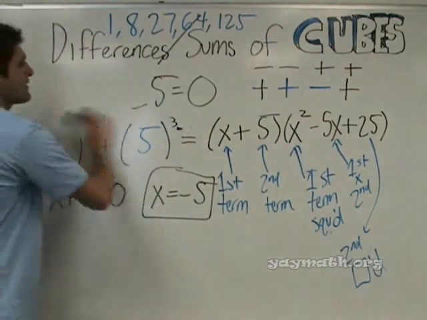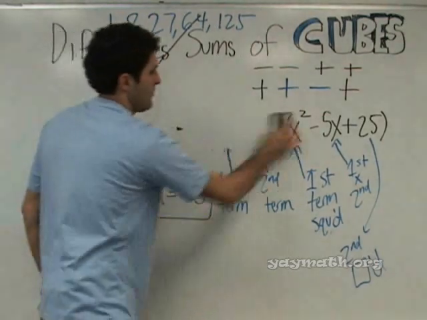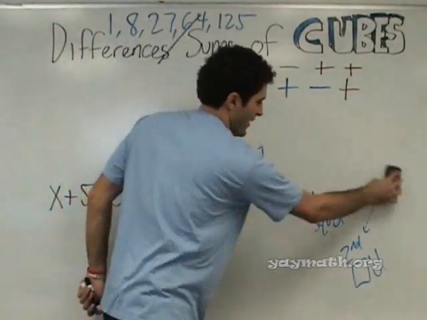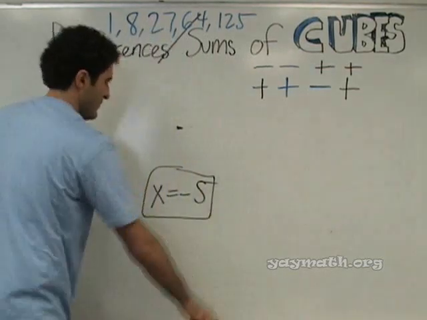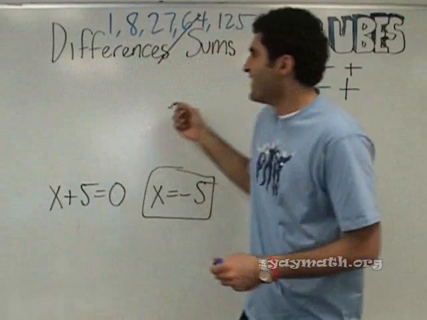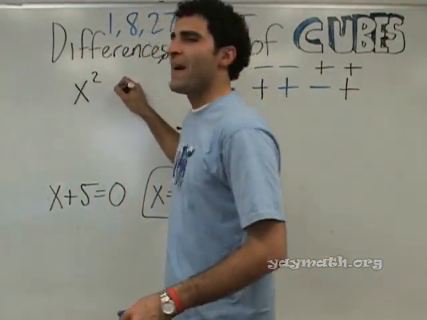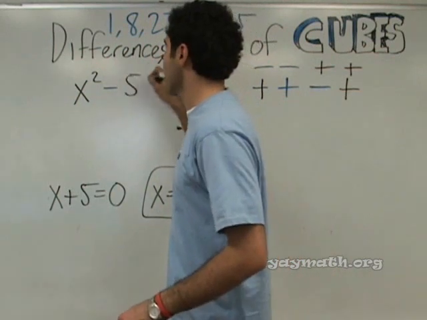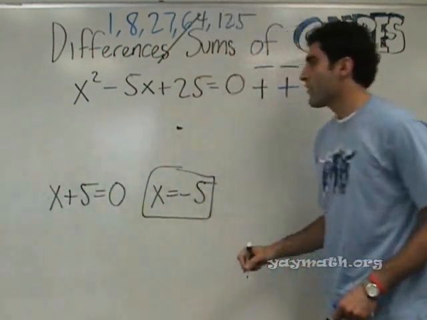Okay, so clean it up, make some room. Pause it at home if necessary. Alright, so x squared minus 5x plus 25 equals 0.